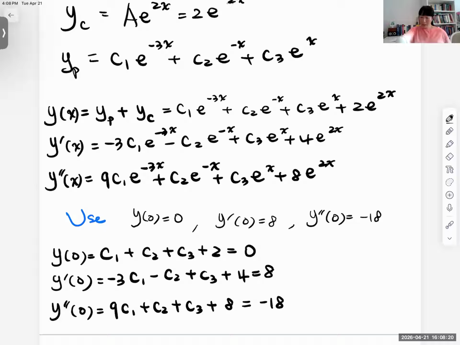Okay, let's combine like terms. So we have a constant, so subtract 2 from both sides.